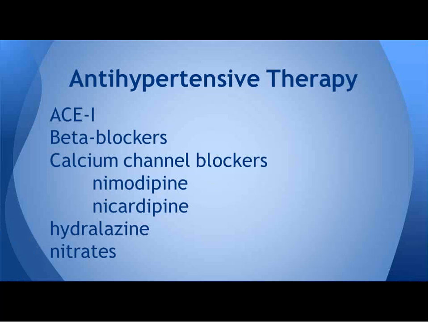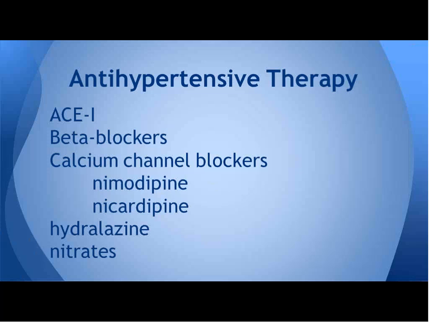Calcium channel blockers really are likely the mainstay for these patients, in particular nimodipine, nicardipine, as they're easily titrated. Nimodipine has specific central vascular effects, and it's probably the best studied calcium channel blocker in subarachnoid hemorrhage. Nicardipine, again, is a very good medication, very short-acting.